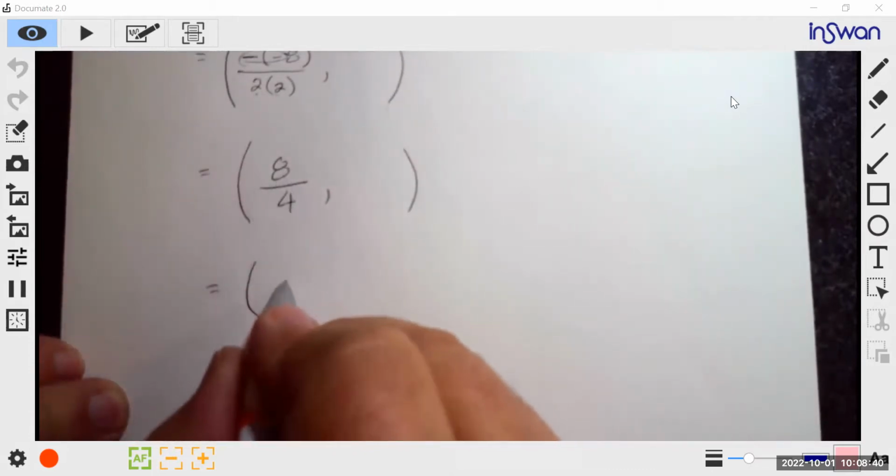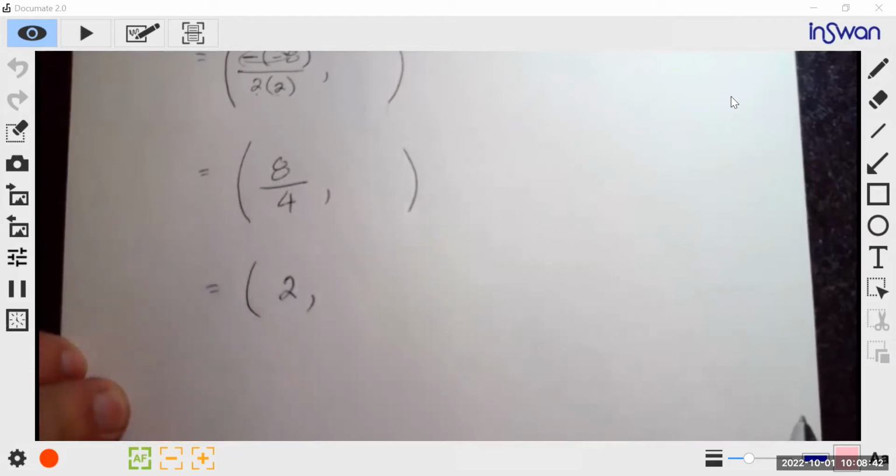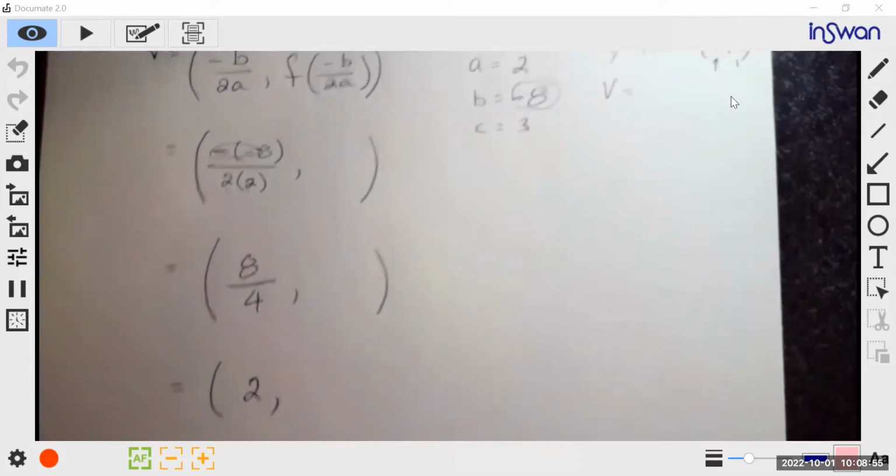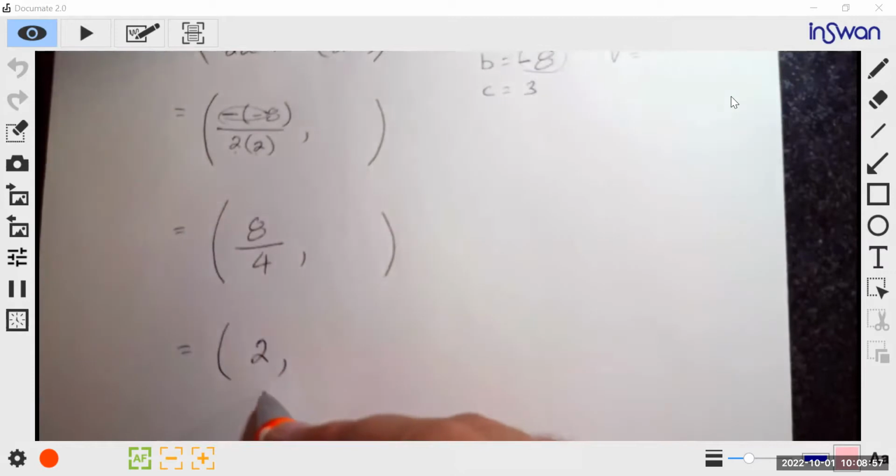Eight divided by 4 is 2. So that's how you find the X value of the vertex.